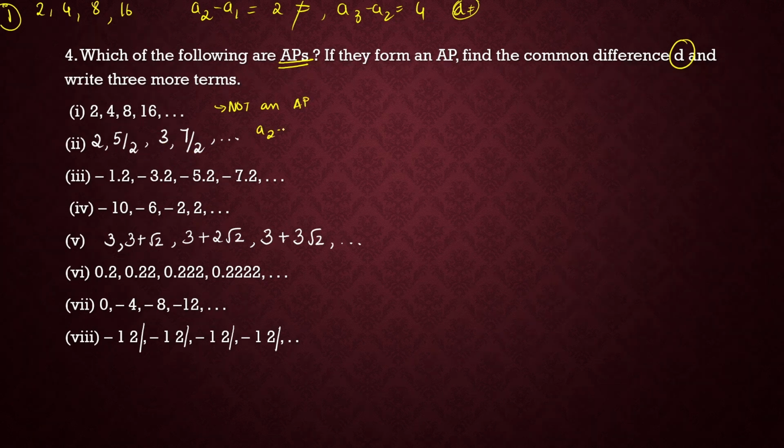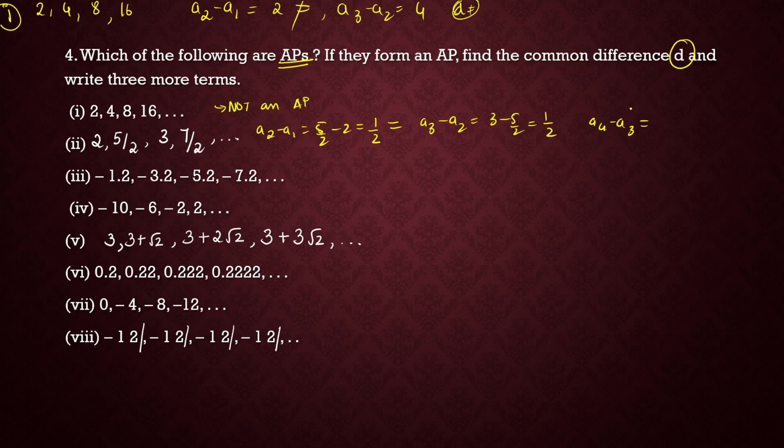Now, second question. Here if I do A2 minus A1, I'll get 5 by 2 minus 2. So that is equal to 5 minus 4 by 2, that is 1 by 2. Now A3 minus A2 is 3 minus 5 by 2, that is equal to 1 by 2. So here both of them are same. You can also check for A4 minus A3.